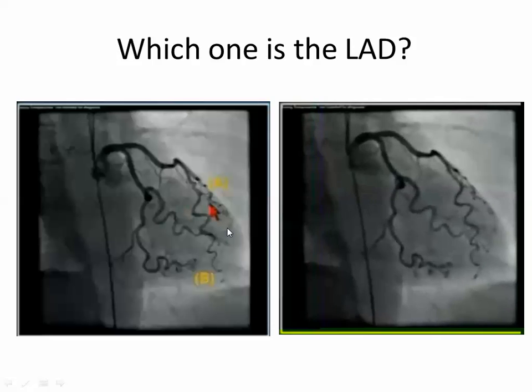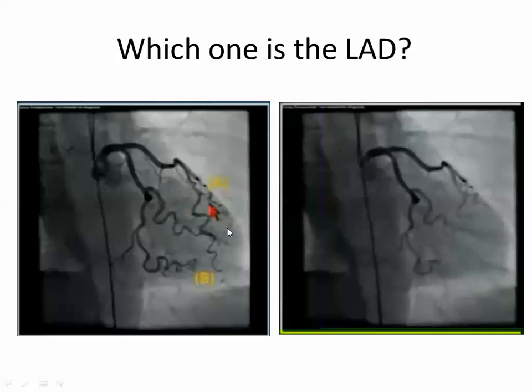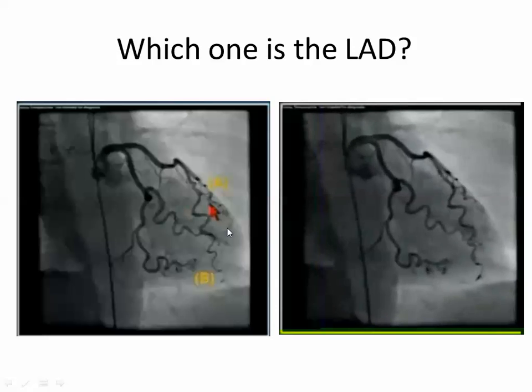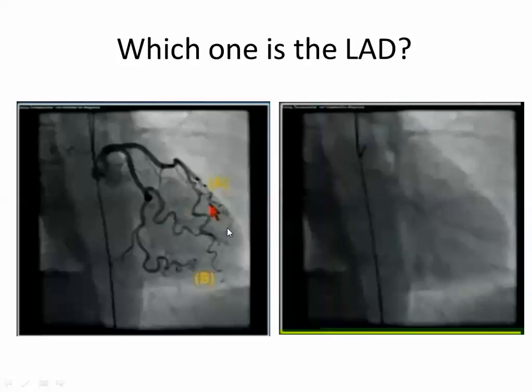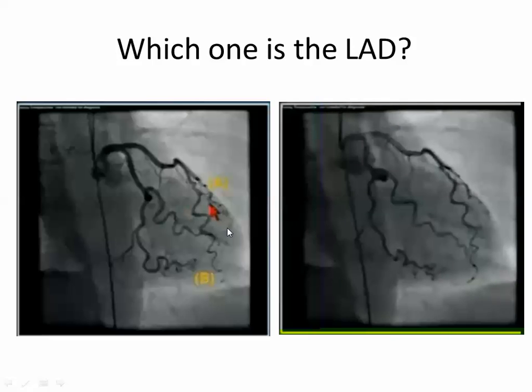As we said, if this is the RV and this is the LV, this is the interventricular groove, which contains the LAD. Anterior, and the PDA posterior. The LAD gives septal perforators that perforate the septum to supply it, and the PDA also gives septal perforators. It's a Y-shaped small vessel.